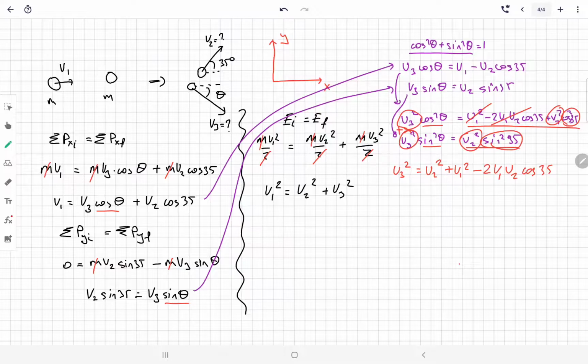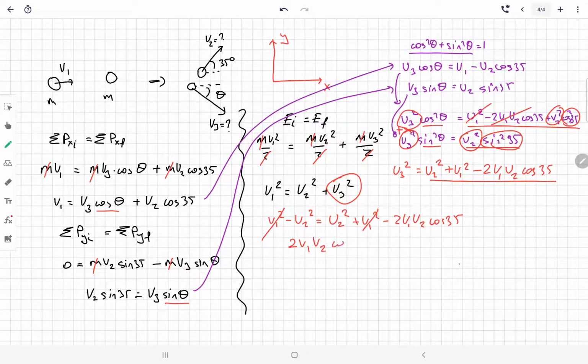From the energy equation, v3 squared equals v1 squared minus v2 squared. This is v3 squared, which is equal to this one: v2 squared plus v1 squared minus 2 v1 v2 cosine 35. So v1 squared will be cancelled, and 2 v1 v2 cosine 35 will be equal to 2 v2 squared.